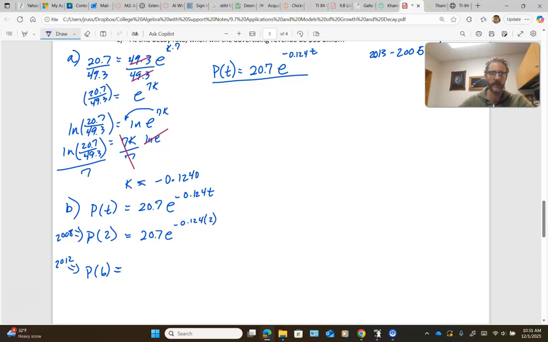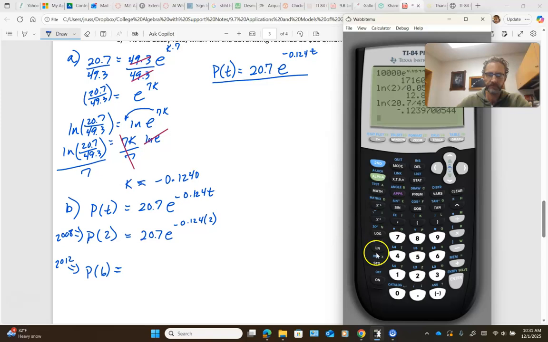Put a 2 in there. All right. So let's try this. So I'll type in 20.7 times e to the power of negative 0.124 times 2. And hit enter.